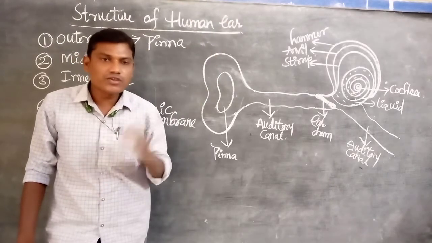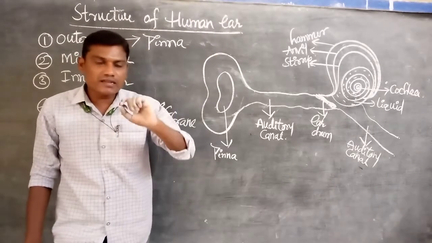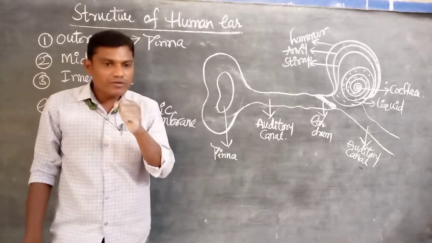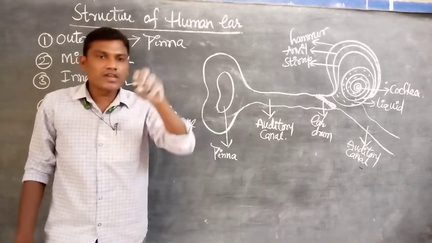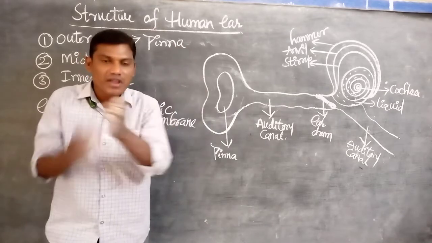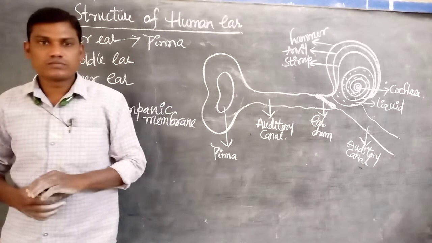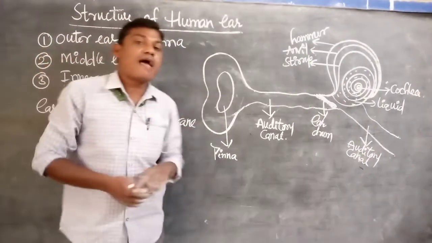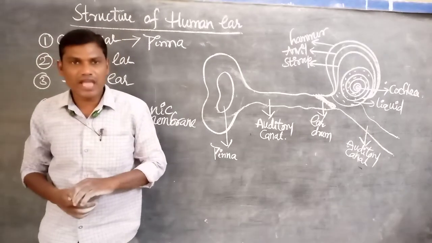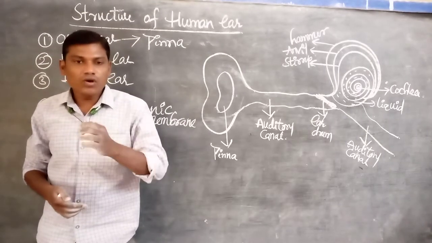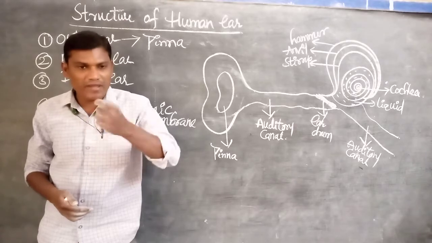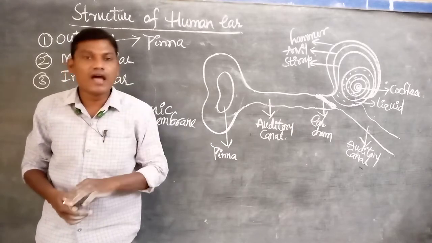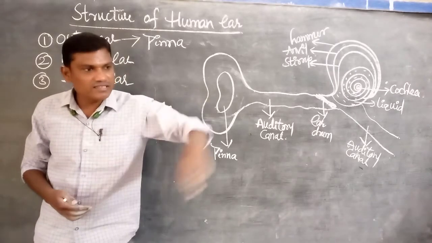Most of the time you observe this between the microphone and speaker. When you speak with a lesser volume, through the speaker it comes out with a huge loud volume. Why? Because between the microphone and speaker, an amplifier box is connected. In the microphone, the sound signals are converted into electrical signals, and the signals reach the amplifier.